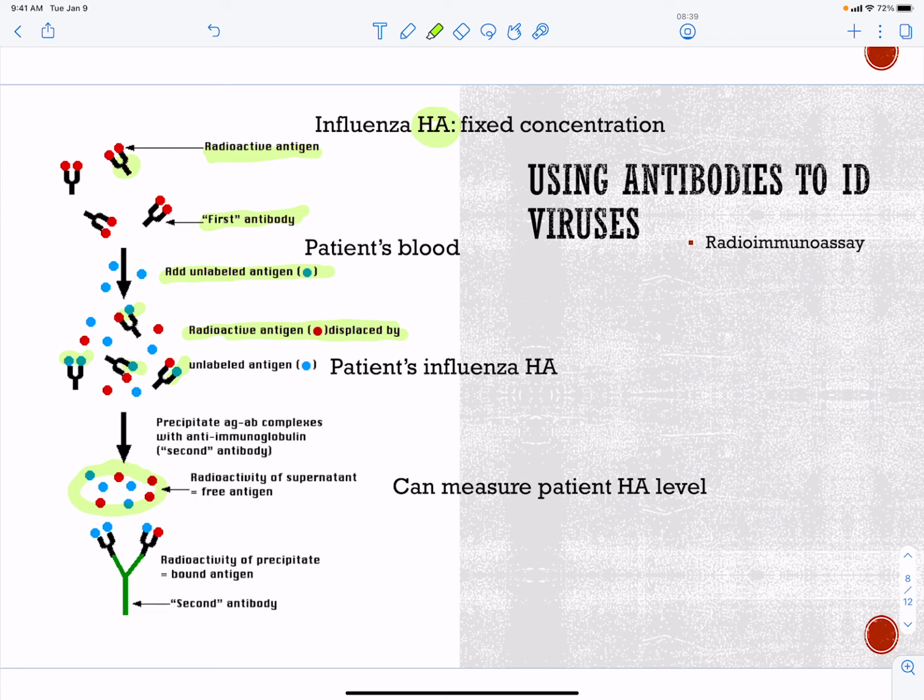You can do this because what you're looking for is how much of my original radioactive antigen was displaced, and that can tell you whether or not the person has actual flu. If they were negative and had RSV, RSV would not displace the initial radio-labeled antigen. You can also measure the precipitate of the bound antigen, so you'd have to use a second antibody that's specific for that first antibody. And that's similar to the ELISAs that we were talking about previously.